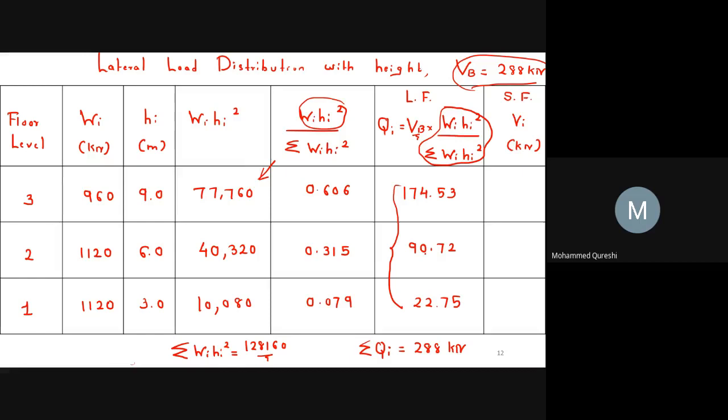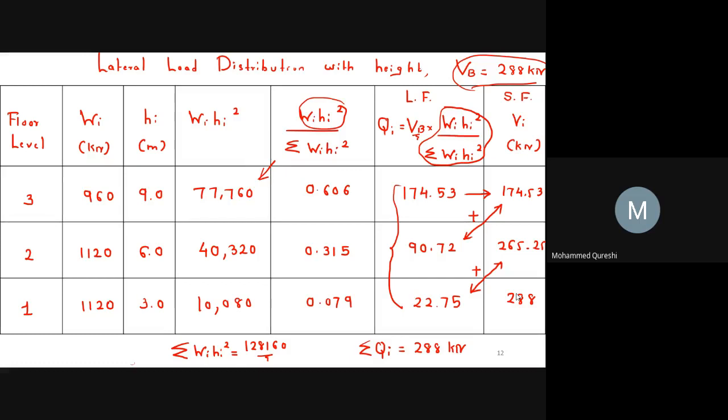Now we have to calculate the shear force. So directly inputting these values for third floor 174.53, and then 174.53 plus 90.72, you will get the value as 265.25, and again adding 22.75 to the second floor level shear force, that is Vi 265.25, you will get 288 for first floor level.